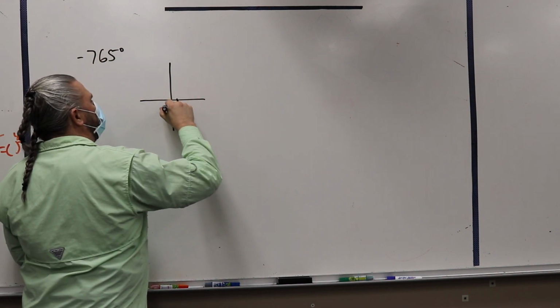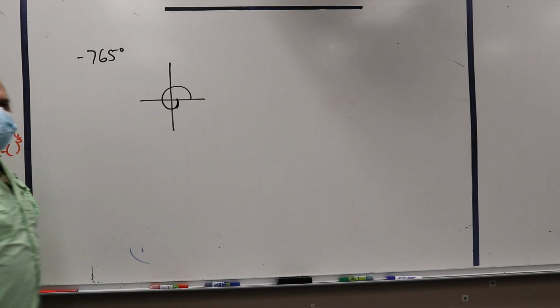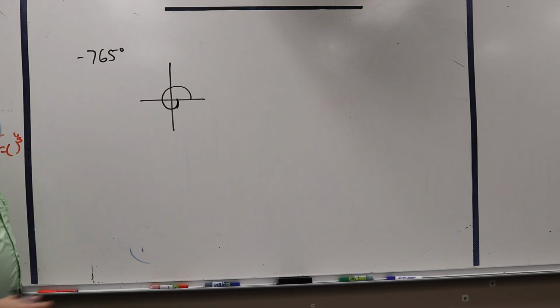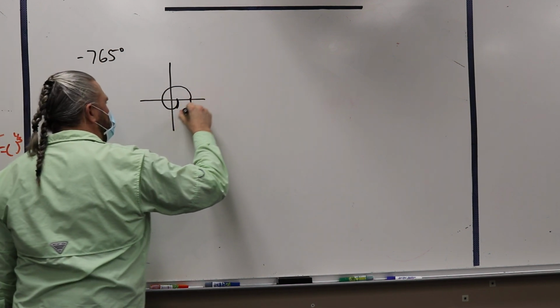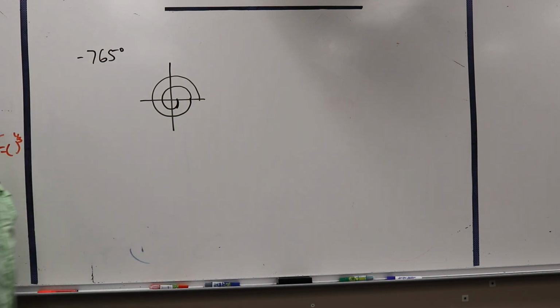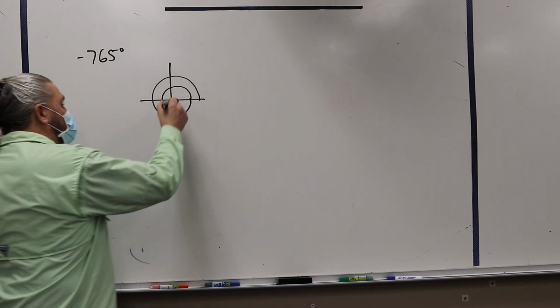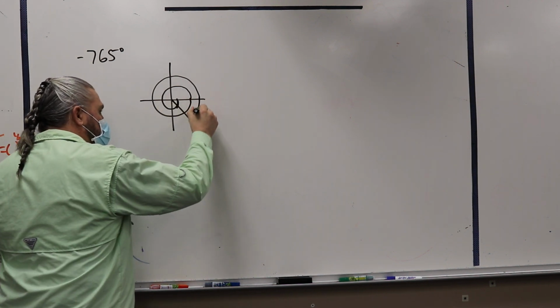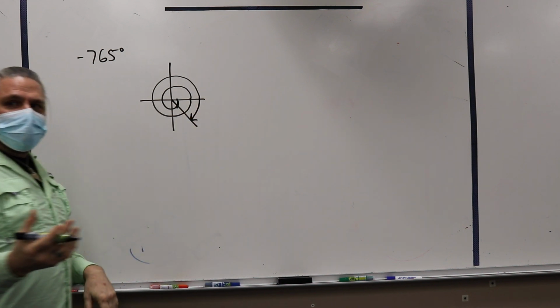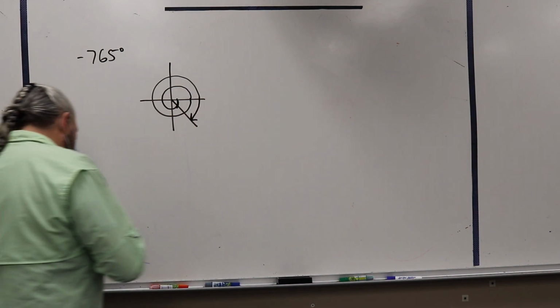So I'm going down and I'm coming around, and that's 360. But I'm more than 720, so I need to go around again. There's 720, but I'm going another 45 degrees, so I'm actually coming out to here, 45 more degrees.